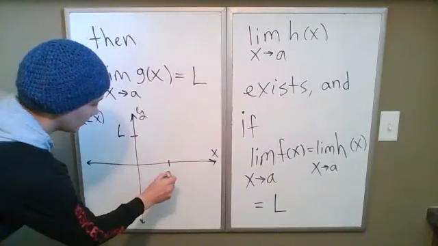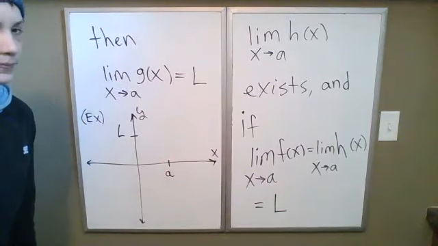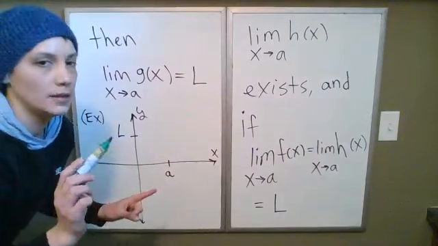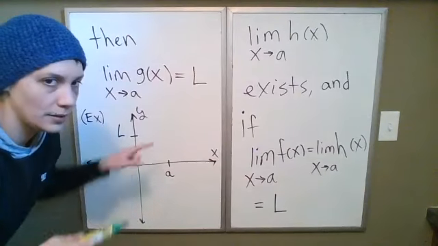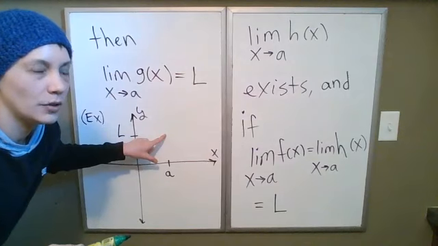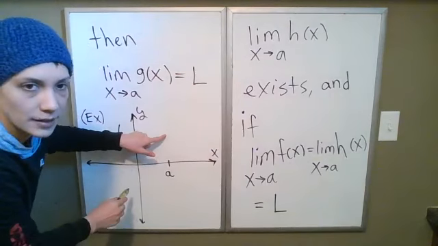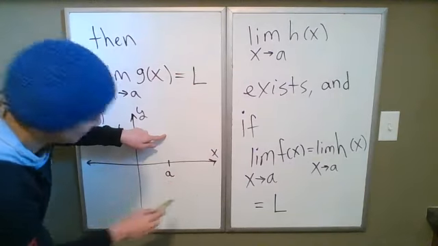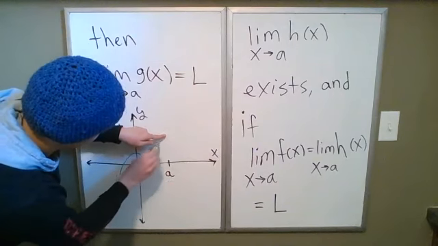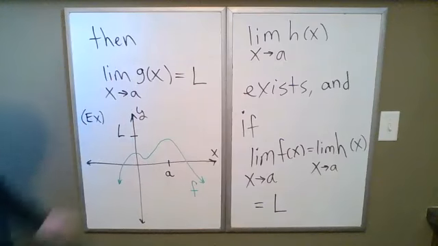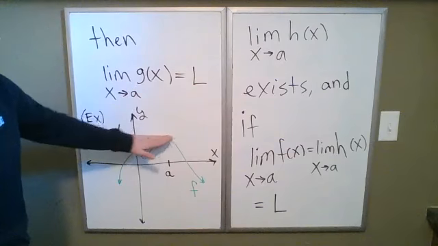Put a right here. I'm going to draw f with green, and we're going to get outputs that are closer and closer to L as x goes to a. But we're going to start down here, kind of swoop up and then back down. It's pretty good.